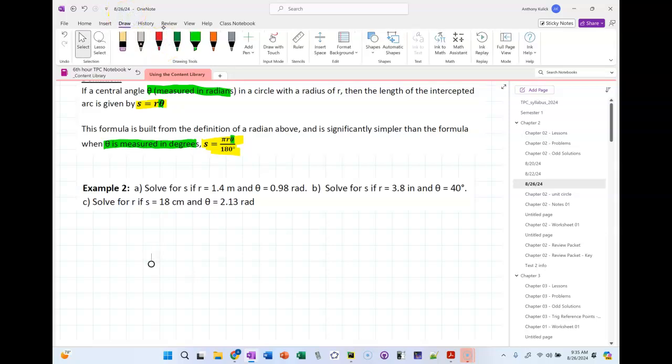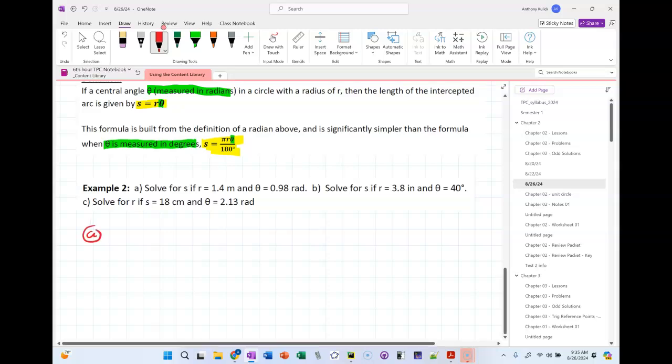All right. Running through some examples. Example A says solve for S if R is 1.4 meters and theta is 0.98 radians. So that's what I'm looking for there, right? That tells me which formula to use.